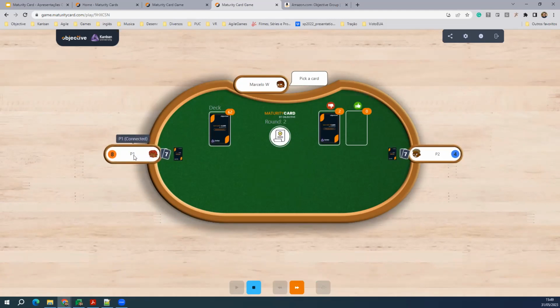Because they have one vote here, so 6 points from the cards plus 2 points from the votes. Also, when we have a lot of players playing the game, usually they will vote on some specific cards, usually the highest critical problem. So that's the idea.